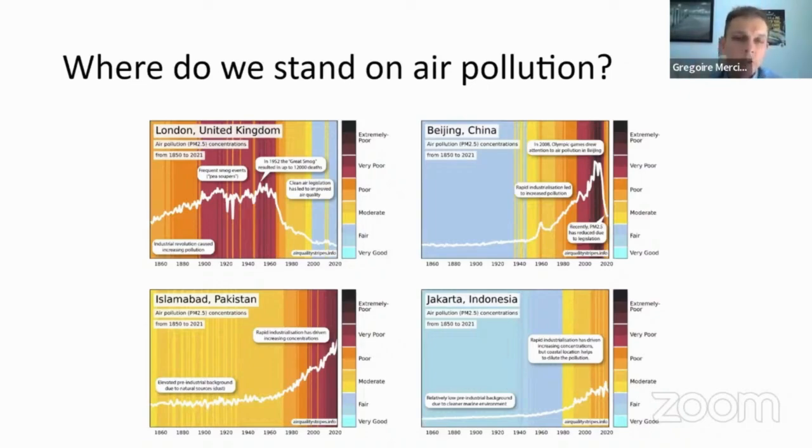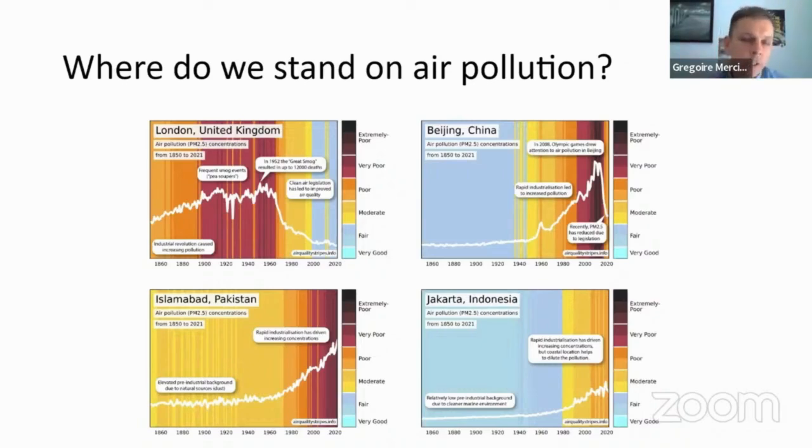So these four charts show, over a very long period of time, from the end of the 19th century to now, actually 2020, and in four different cities across the globe. So you have London, UK, you have Beijing in China, top right, then bottom left, you have Islamabad in Pakistan, and bottom right, you have Jakarta in Indonesia.